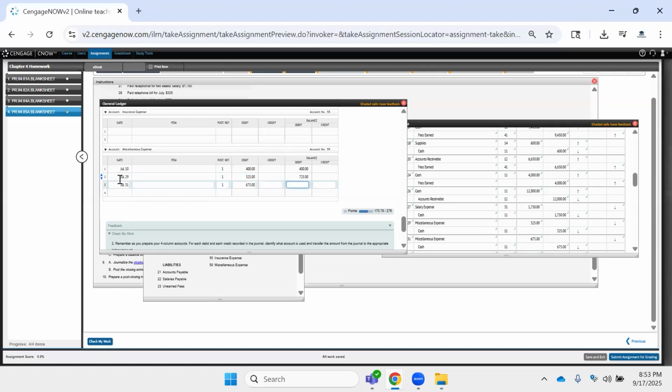And then that puts our total at 1,400 in total here. And then we need to leave one entry blank to do our closing entries later.